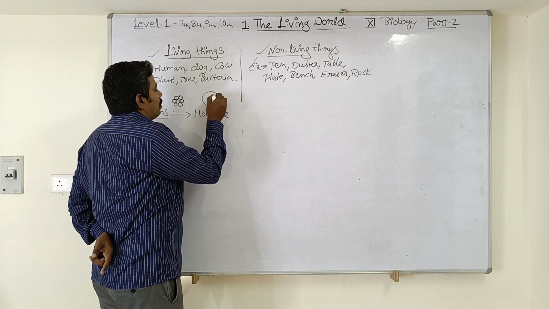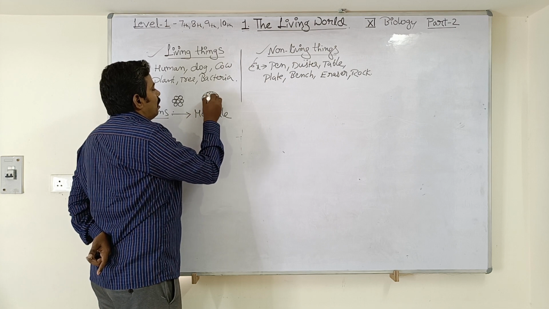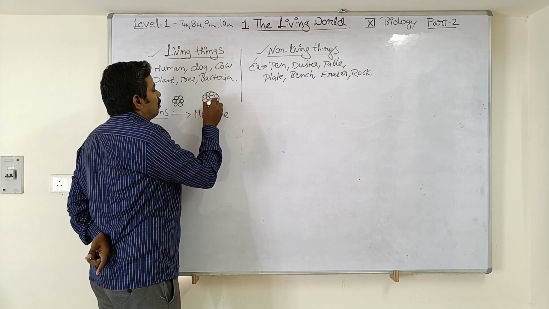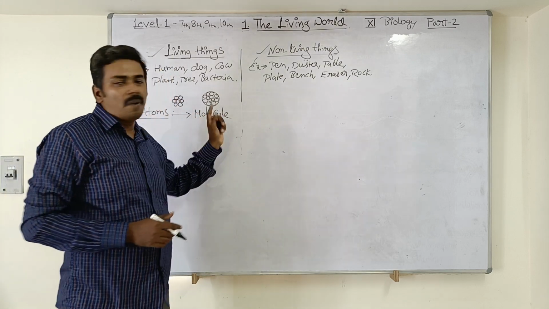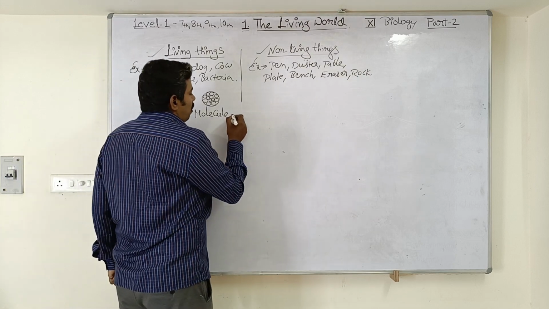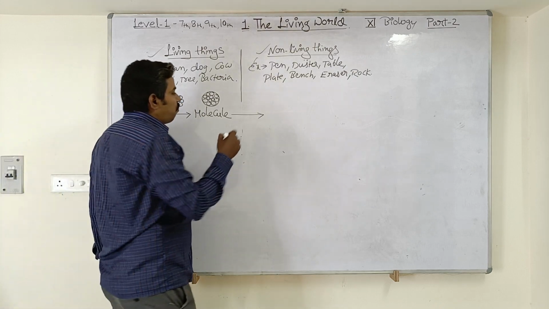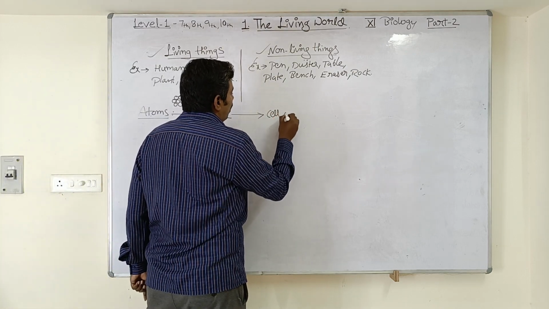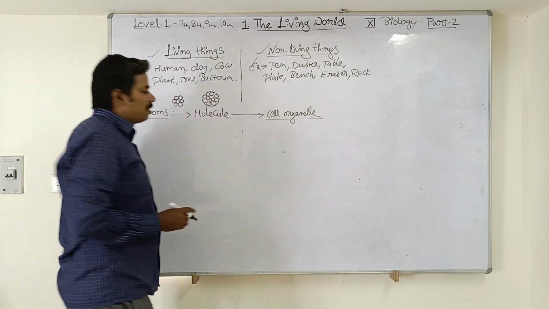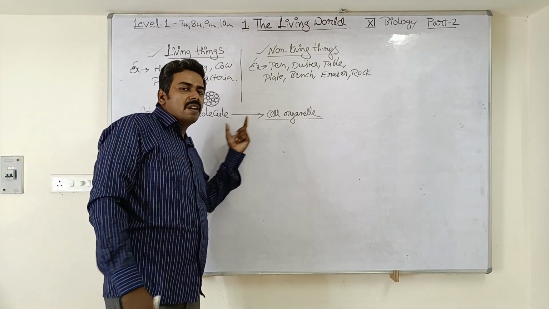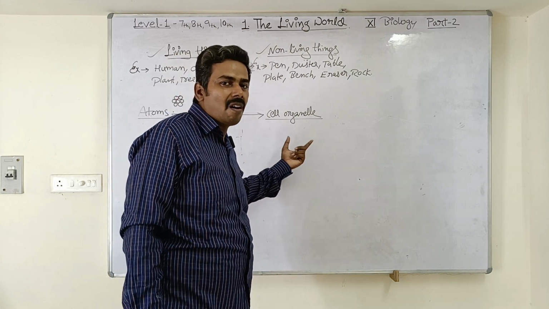A molecule will have many atoms inside; it may be 2, 3, or 4. Next, several molecules of the same type or different types combine together to form a cell organelle in the case of living organisms.